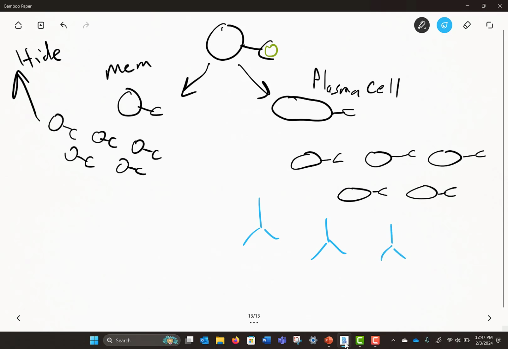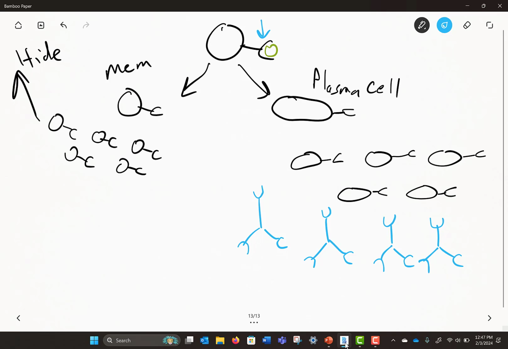Remember, antibodies, they could be shaped a few different ways, but they're always branched. And at the end of all of those branches are going to be receptors shaped exactly like the original receptor of the B cell. So they are going to be shaped against that round antigen.